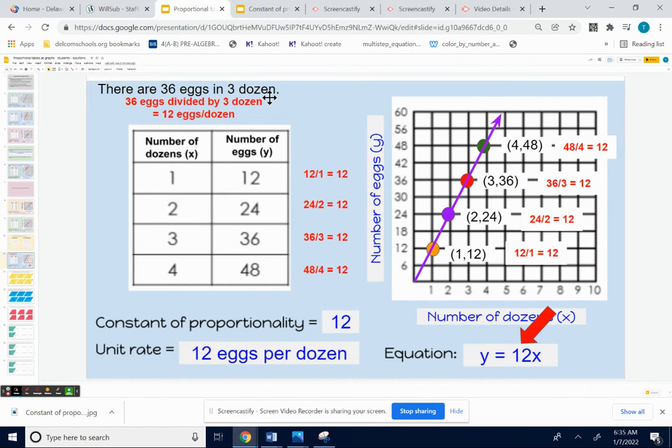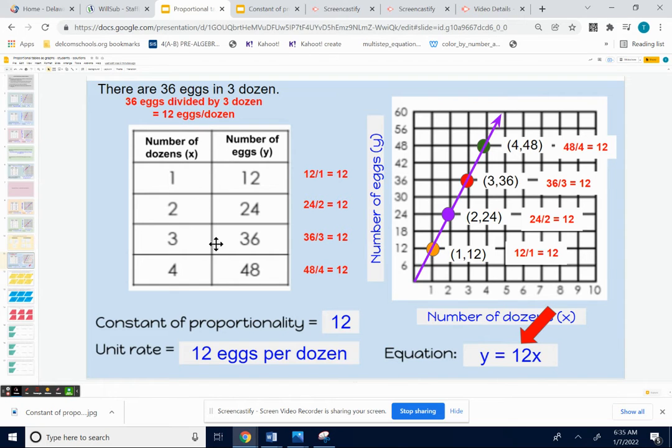If I wanted to find the unit rate, I could take eggs divided by dozens if I want eggs per dozen. So I could take 36 eggs divided by 3 dozen, and I get 12 eggs per dozen. So that's the unit rate. 12 without the labels is the COP.